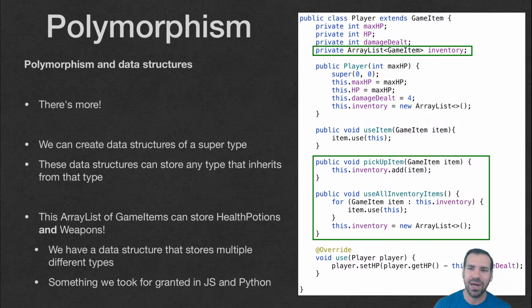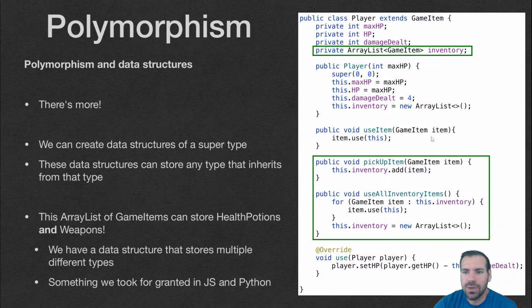It's going to be a pain to track the total weight of all your inventory. You have to loop through every single one of those array lists. That's painful. No, we're just going to have one array list of type GameItem, and now whatever game item we come up with, we can store in this one array list, which is our total inventory of every game item that we have.